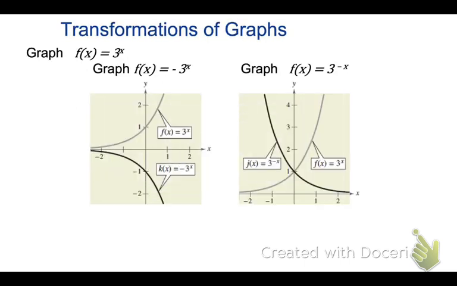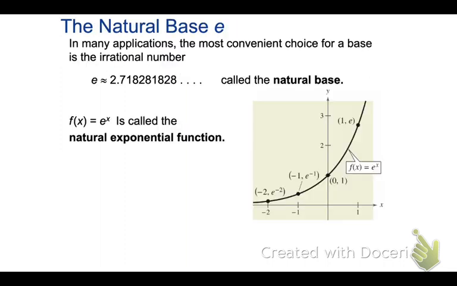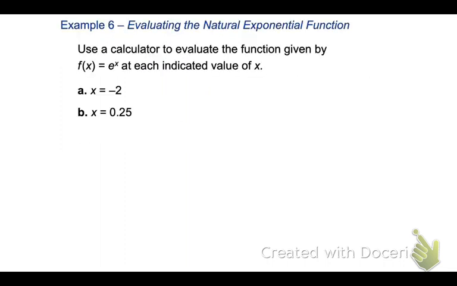Okay, so take your calculator out real quick, just so you know where the e button is. You're going to be taking e to the -2 and e to the 1/4, or 0.25. Where's the e button?